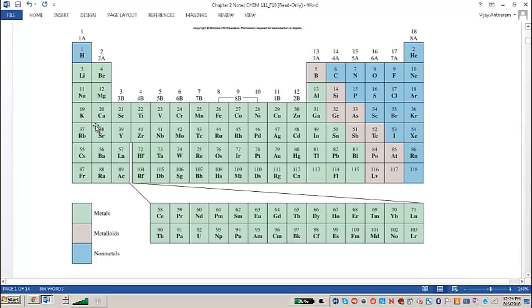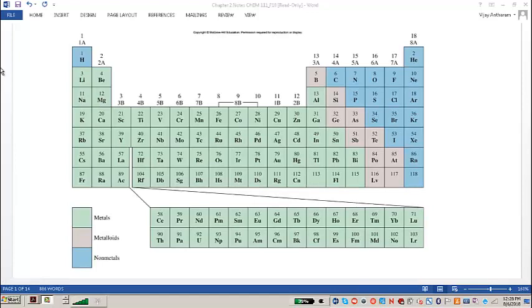Another thing you should know about the periodic table is that it's separated according to metals. The first thing you should know is that it consists of columns, and the columns are known as groups. That's a term you should know, groups.